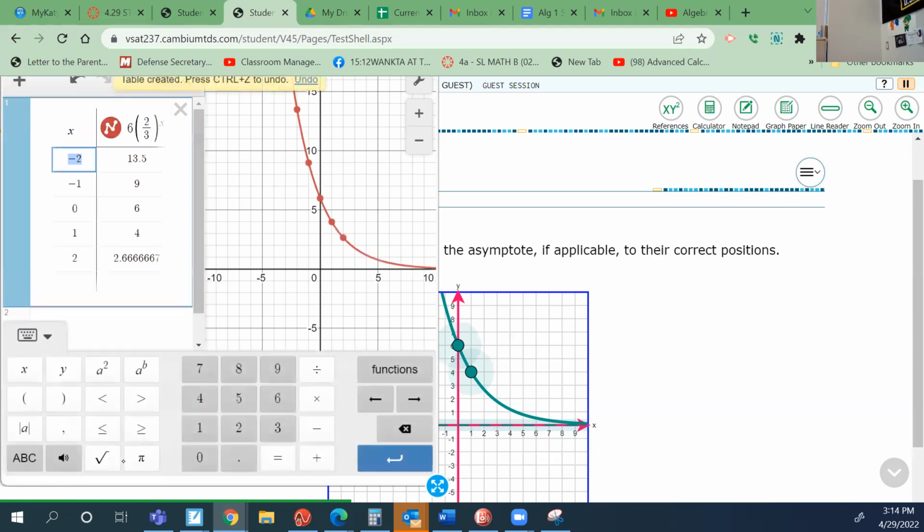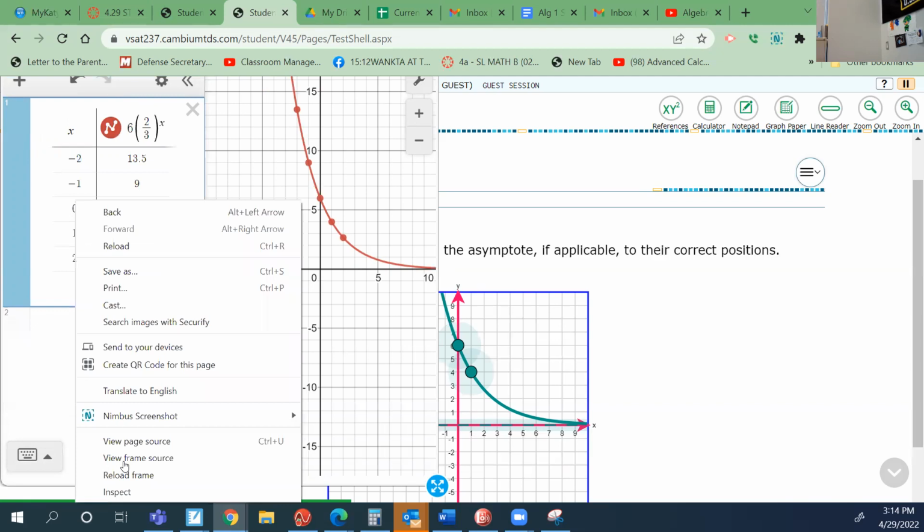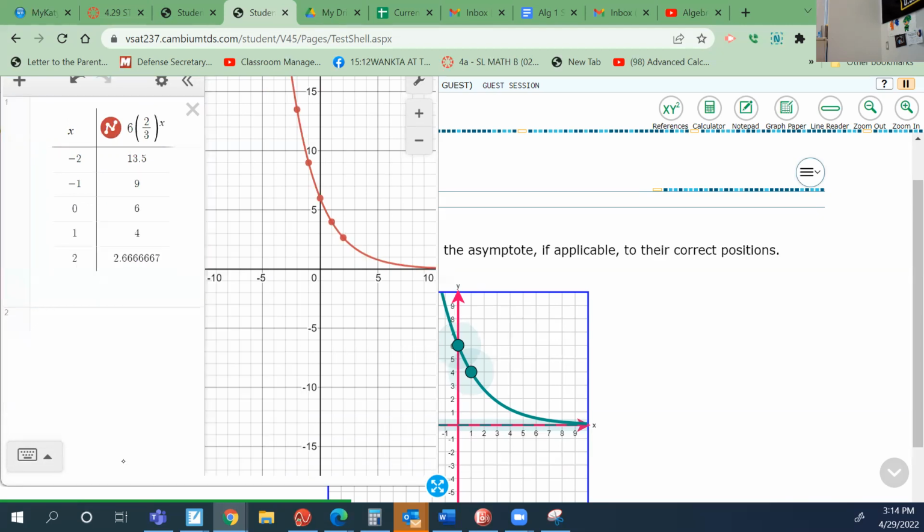It gives you all the x and y values for the graph. When x is 1, y is 4. So if I move this dot now, look at that, it's right there. So it's in the right location.